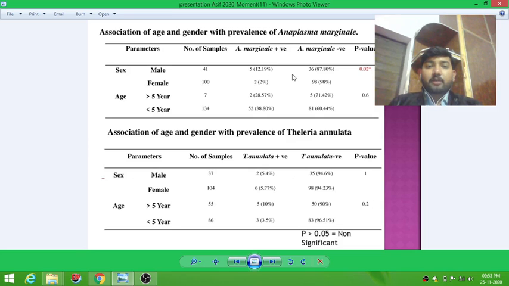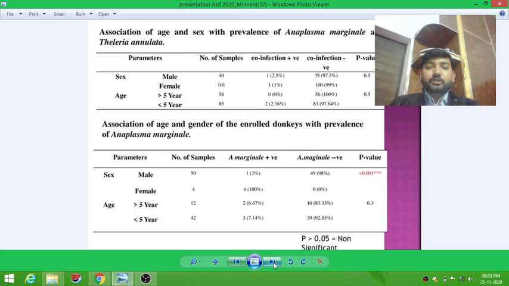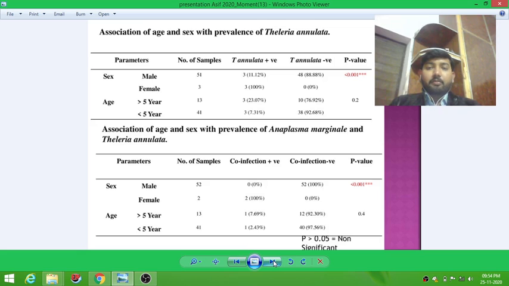This shows that females were more prone to disease as compared to males. There was no correlation with age, but with sex, the females were more prone to disease as compared to the males. This table also shows a significant correlation with gender.